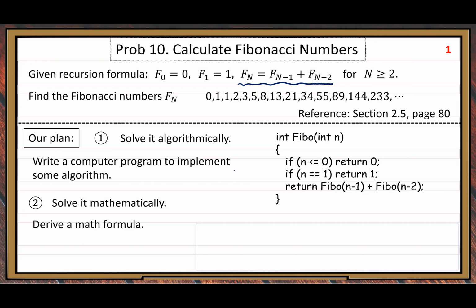There is a simple implementation, a recursive function. We create a recursive function, integer Fibo, with the problem size as input, and two base cases, these two base cases. Then after that, just recursion.